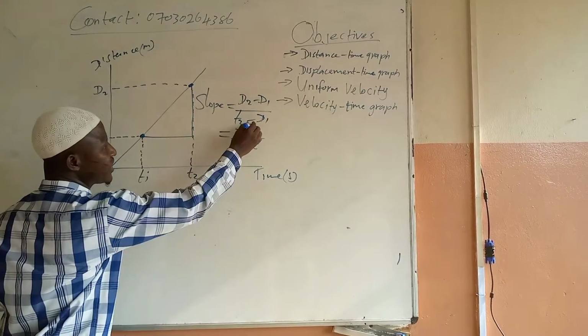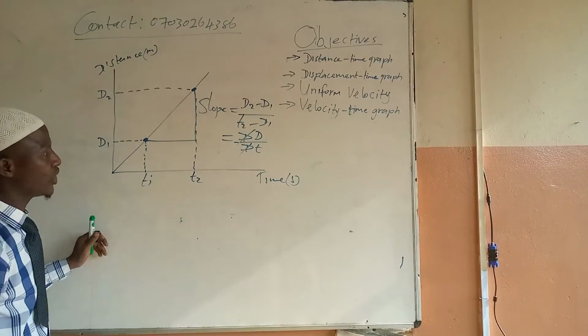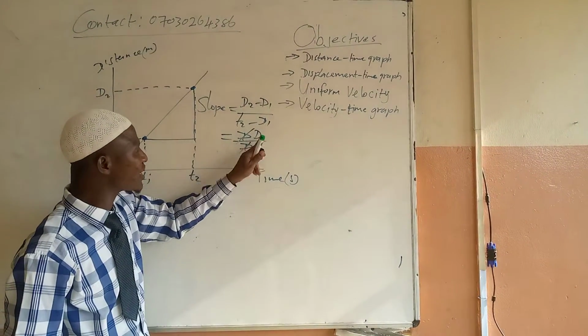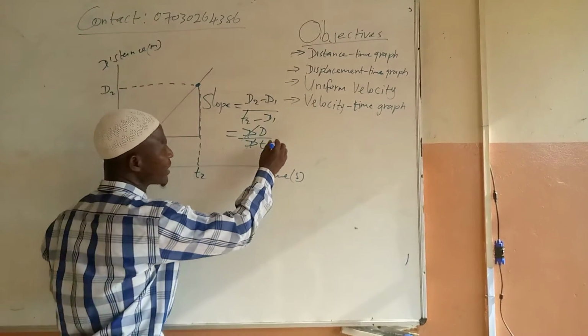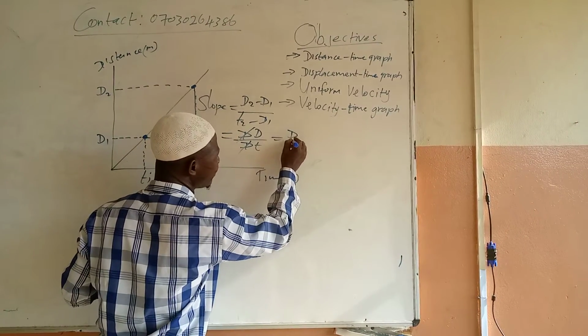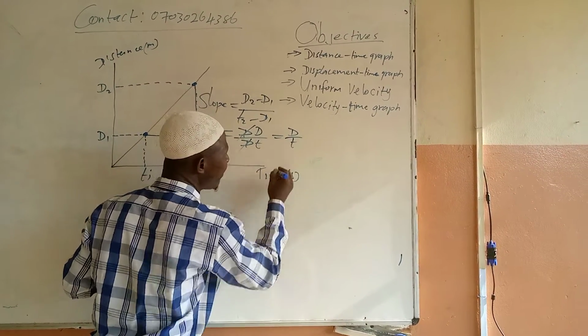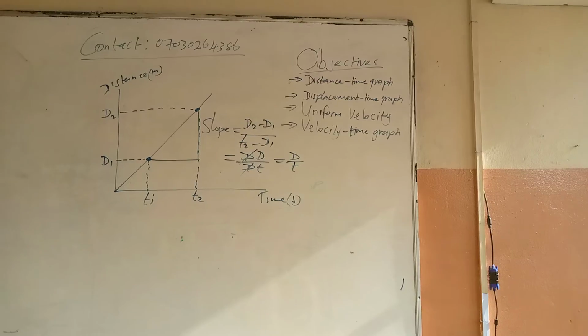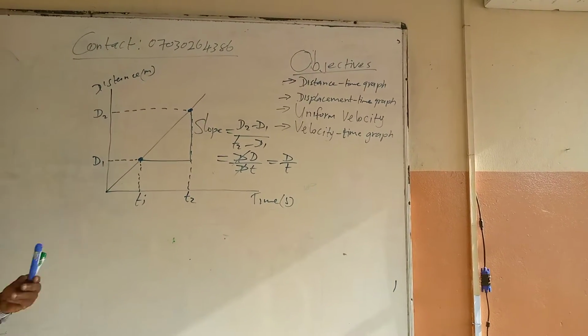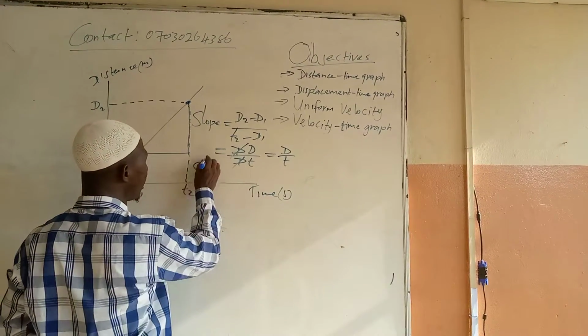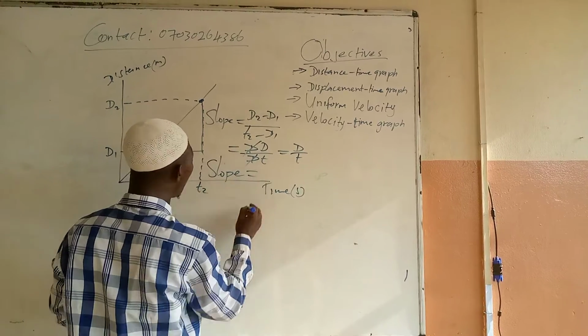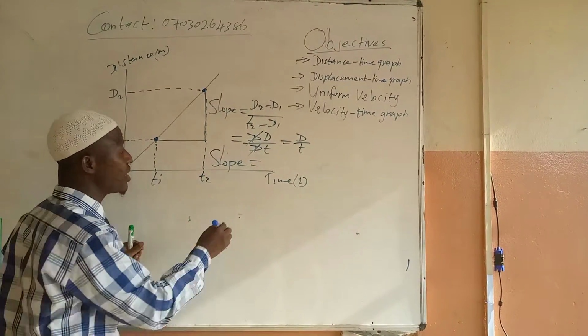So if this change cancels, you are going to have distance over time. And don't forget, what is distance over time? According to our previous topic, distance over time is speed. Therefore, the slope of distance time graph gives speed.